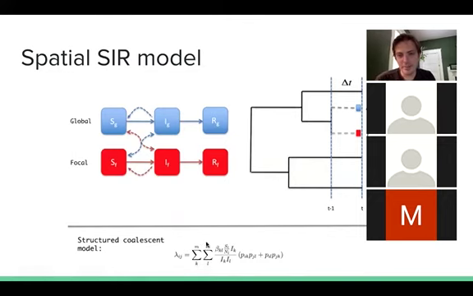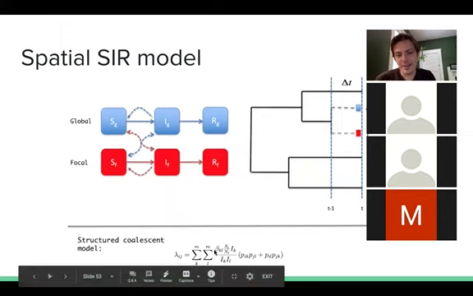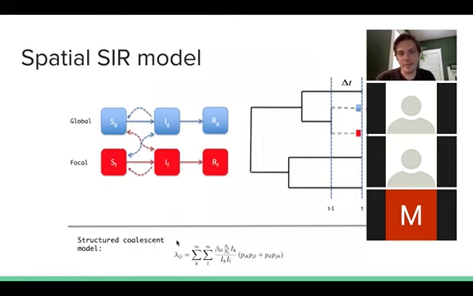But really all that we did was take the Volz structured coalescent approach, figure out what the appropriate rates of movement for these lineages between populations were, and plug them into the more generic formula for the rates of coalescence. And so we could fit our SIR model with population structure to the dengue data from Ho Chi Minh City and the surrounding provinces.